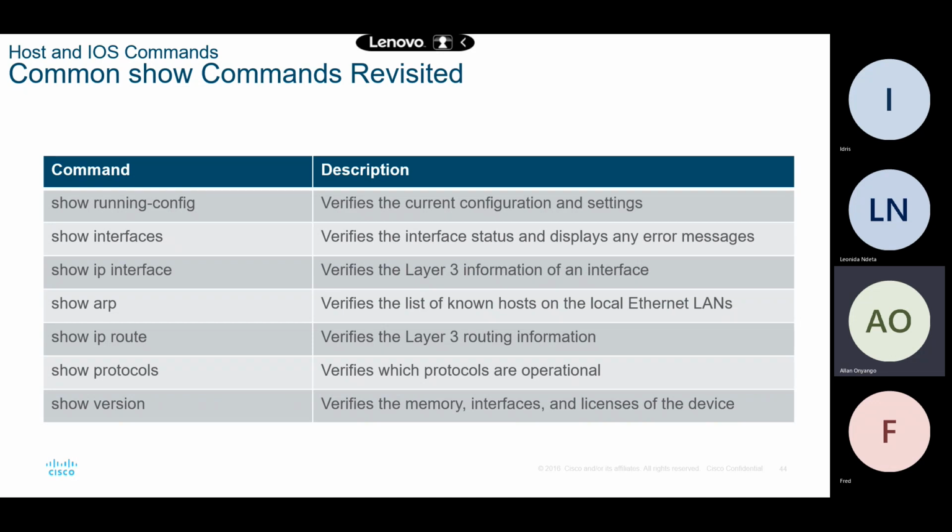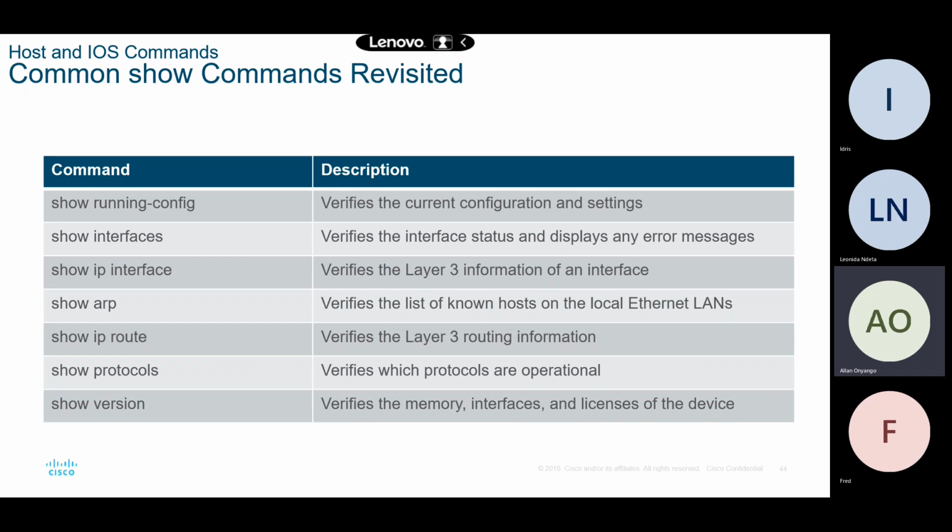Show ip interface verifies layer 3 information of the interface, or the IP status of that interface. Show arp, of course, for the router, will view the ARP table within a router. Show ip route, the IP routing table of your router.